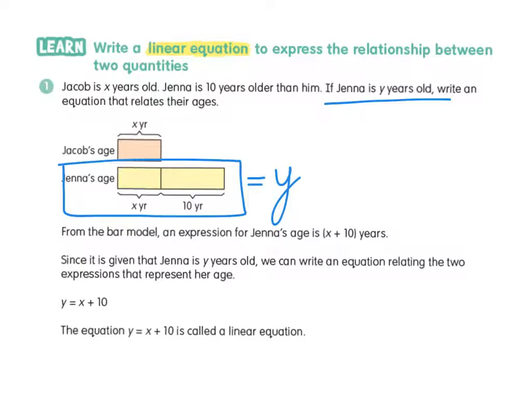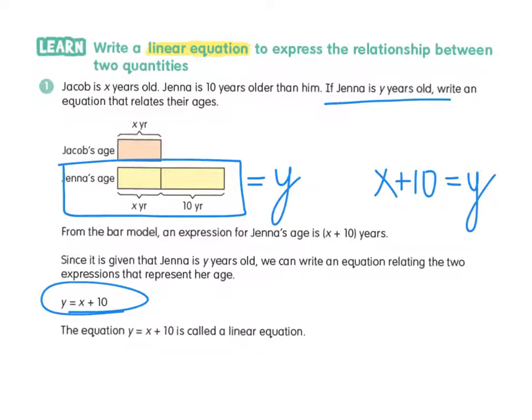So our equation should be X plus 10 is equal to Y. Or you can say y is equal to x plus 10. So that's the answer for this problem. The answer is an equation, it has an equal sign in it, and it relates these two people's ages together.